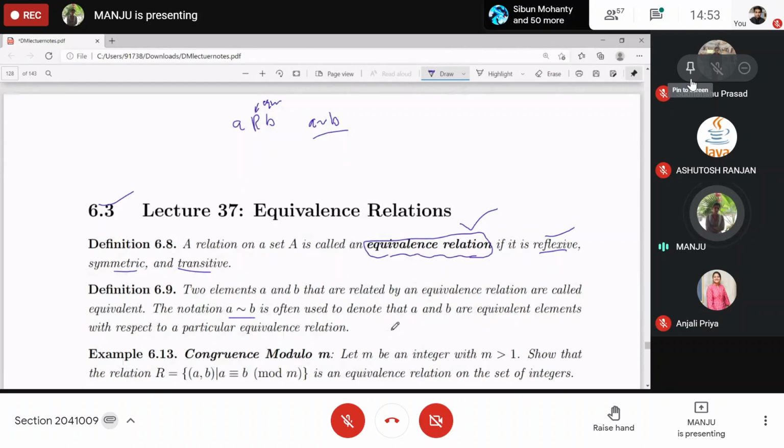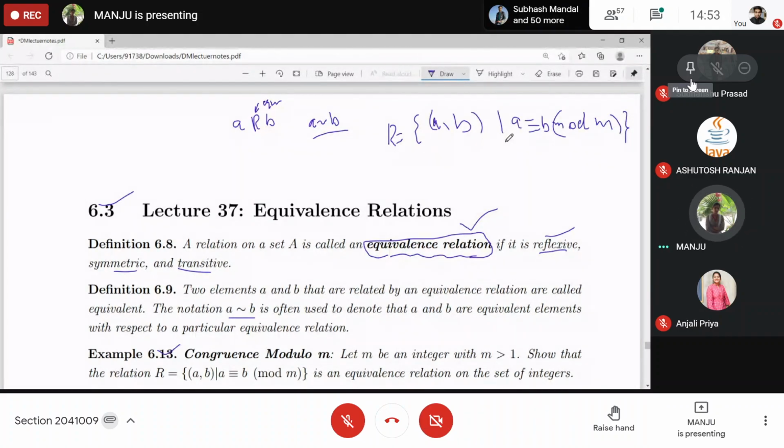Now we need to show that congruence modulo M, the relation R, is given as (A, B), A is related to B if and only if A is congruent to B modulo M. Clear?